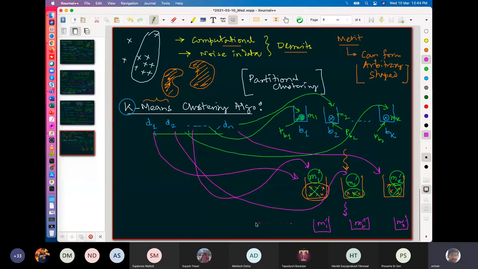Continue this way until there is no change in the distribution between the previous and the current iteration. The points that you put in buckets the previous time and the points that you put in buckets now are the same.